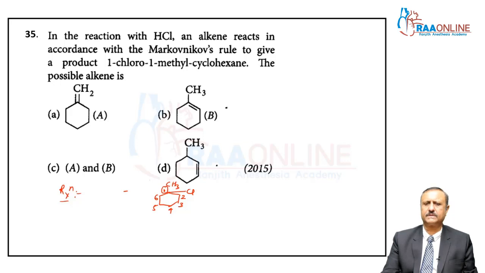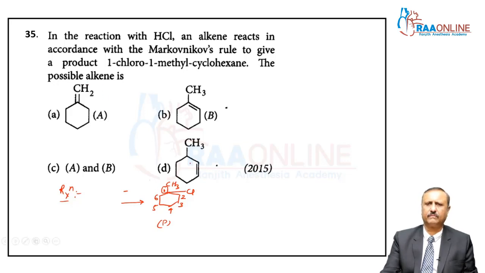On this carbon atom you can see that a chlorine atom is present on one carbon atom and a methyl group is also present on the same carbon atom. That's why you can see here 1-chloro-1-methyl cyclohexane is the product in this reaction. My dear students, which of the following compounds gives this product of this reaction? This is the question. And this question was also asked in the 2015 NEET exam. The possible alkene is, and this is the possible alkene is.